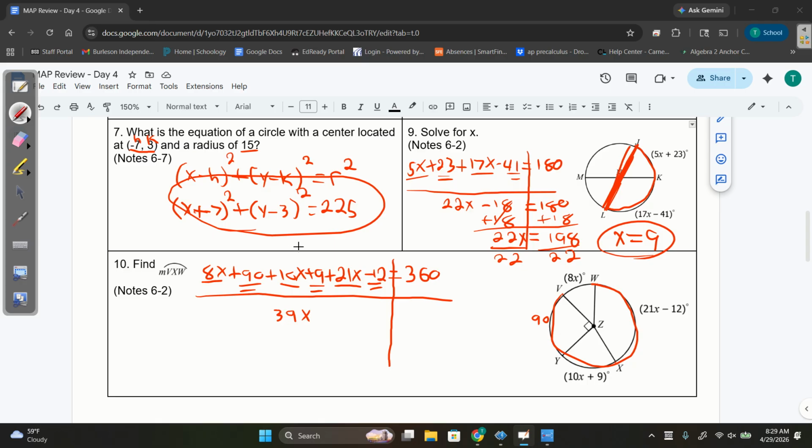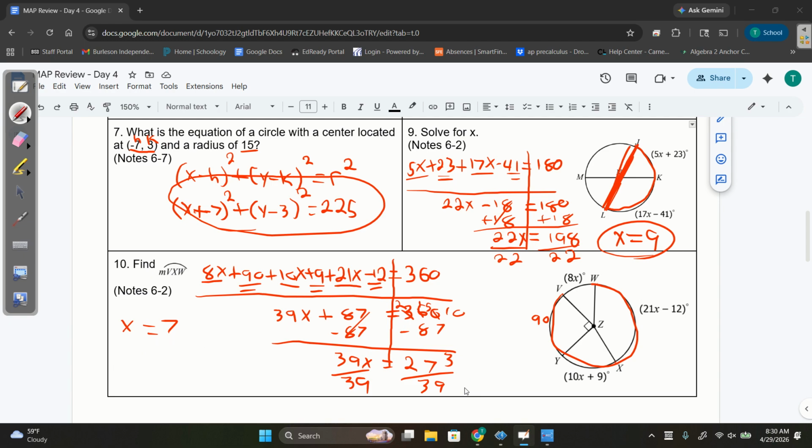And then 90 plus 9 minus 12 is a positive 87. And now we can finish solving this. It's just 2 steps. Subtract 87 from each side. And then divide each side by 39 to get x equals 7.